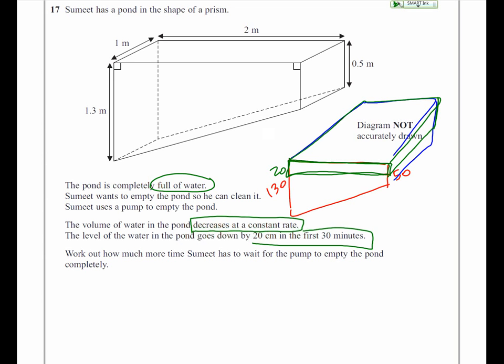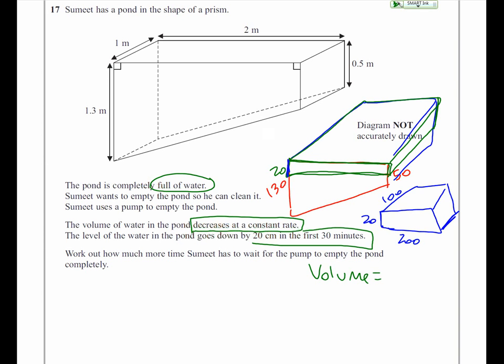So we need to think, well, it's 20 up. Let's just take this shape on its own. 20 up. It goes 2 meters across, and 1 meter deep, 100. So if you notice, that's an awful drawing, but it should be a cuboid. Okay. We have to get the volume of that to see how much water.